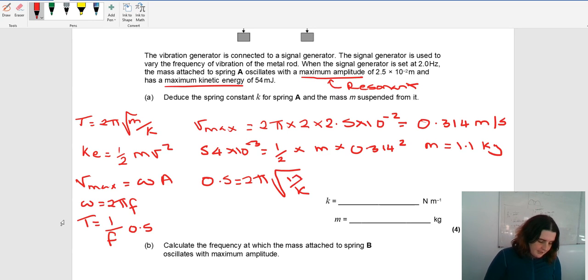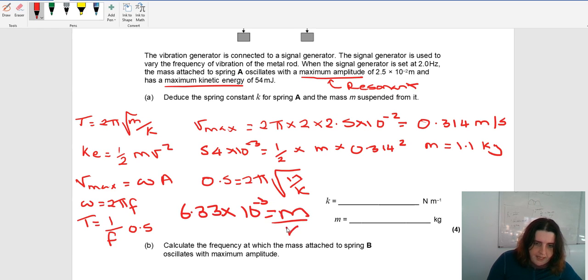Putting that in, I've got 0.5 divided by 2 divided by pi. I square that, and I have 6.33 times 10 to the minus 3 equals m over k.